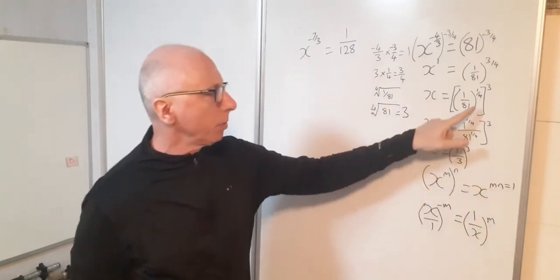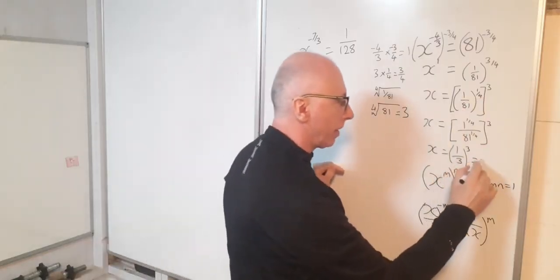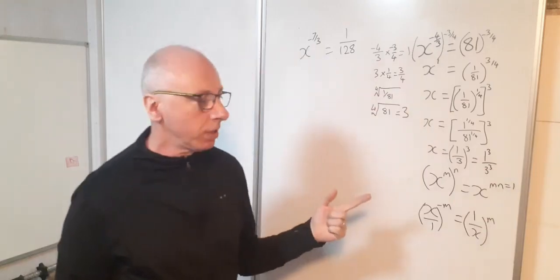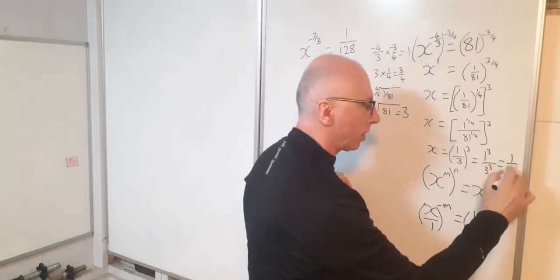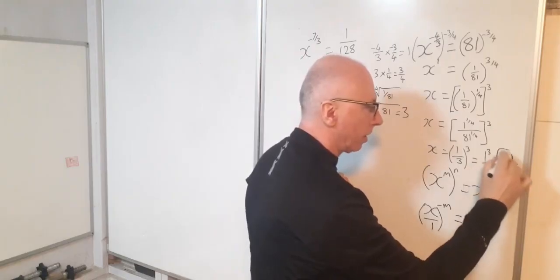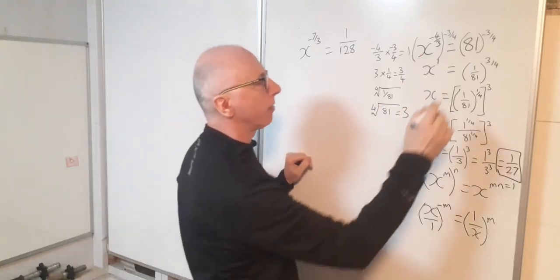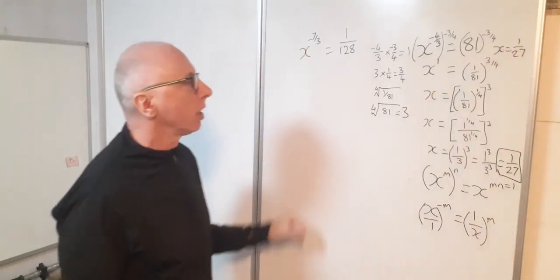Using this property where we bring the indice inside the bracket, that becomes 1 to the 3 over 3 to the 3. Well, 3 to the 3 is 27, 1 to the 3 is 1, so I get 1 over 27. That completes my first one. So x equals 1 over 27.